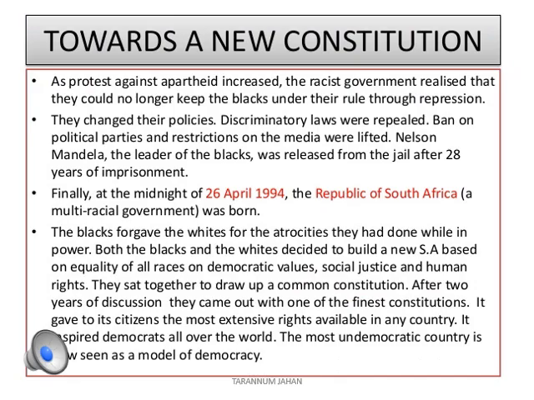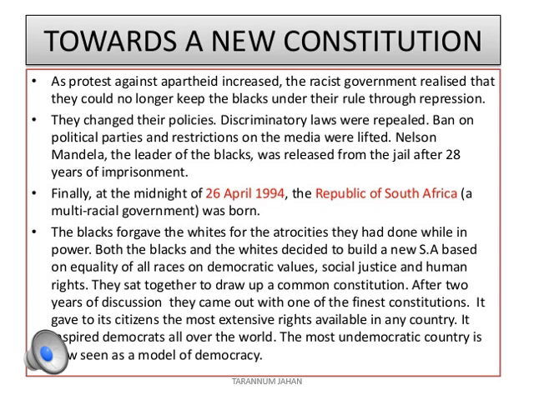Now, after removing the discrimination and after being free from the white people, they reached towards a new constitution. As the protest against apartheid increased, the racist government, that is the white people, realized that they could not keep the black people under their control any longer.